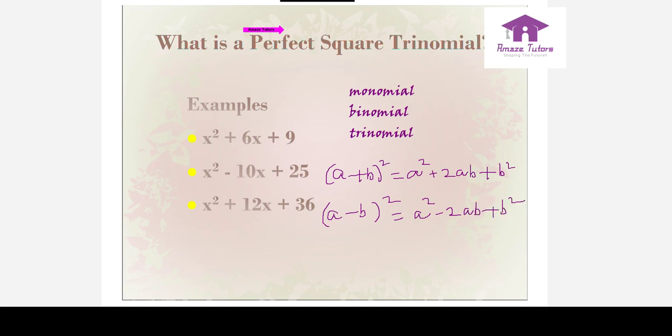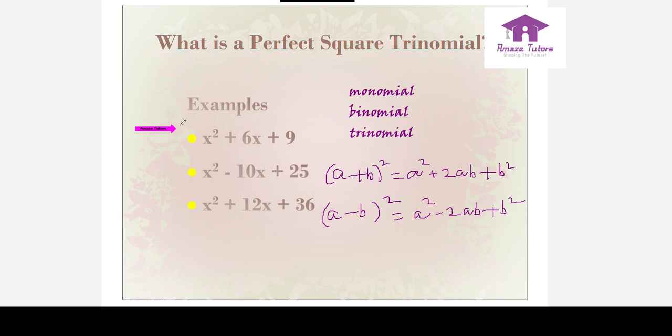These two are the formulae for perfect square trinomials. When you have an expression like A squared plus 2AB plus B squared, it is called a perfect square trinomial.